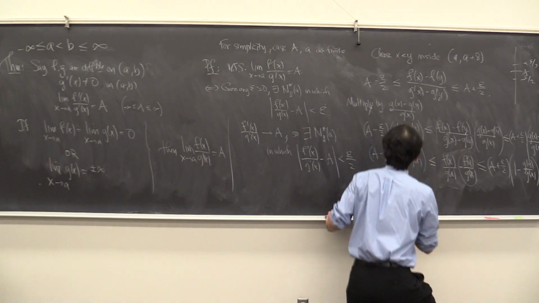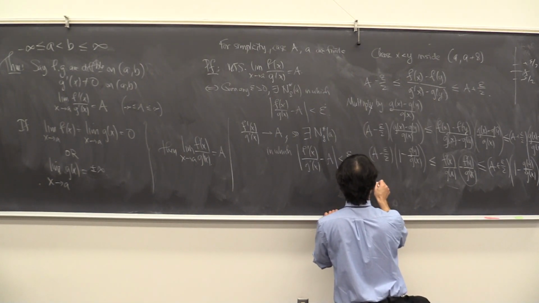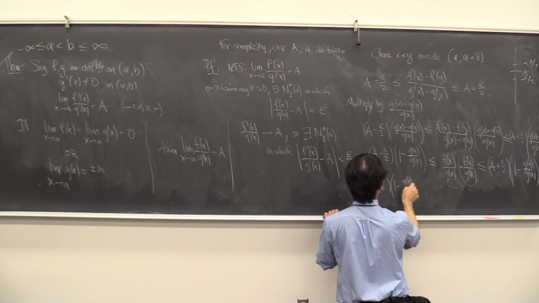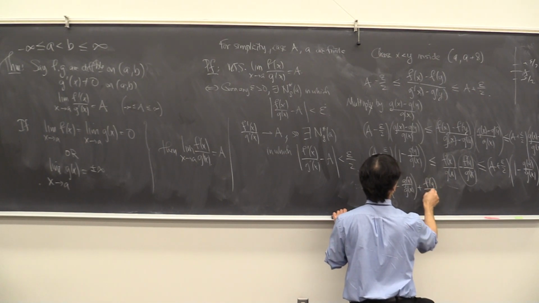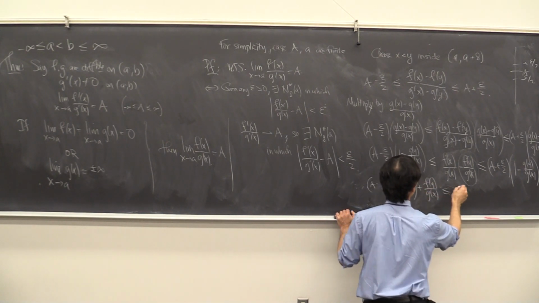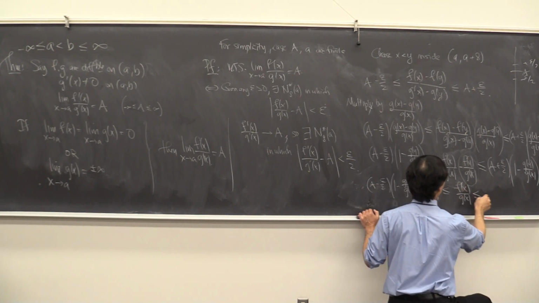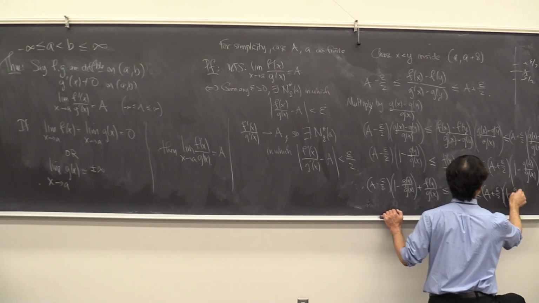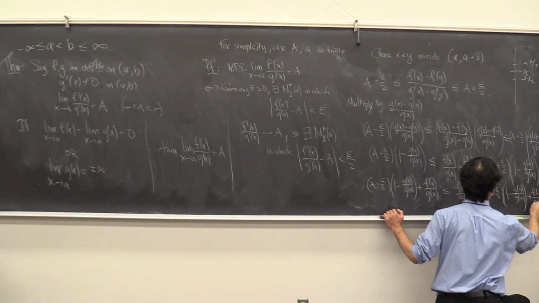So I get A minus epsilon over 2, 1 minus g of y over g of x, plus f of y over g of x, less than or equal to f of x over g of x, times 1 minus g of y over g of x, plus f of y over g of x.